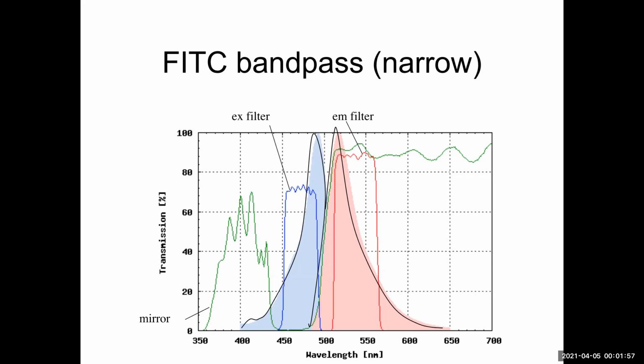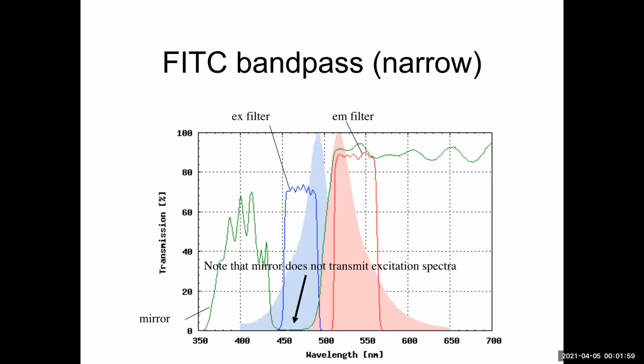What we really care about is, does it fully block, in other words, does it not transmit the colors of the excitation filter? So when the excitation filter goes up, the mirror goes down. And when the emission filter goes up, the mirror goes up with it.